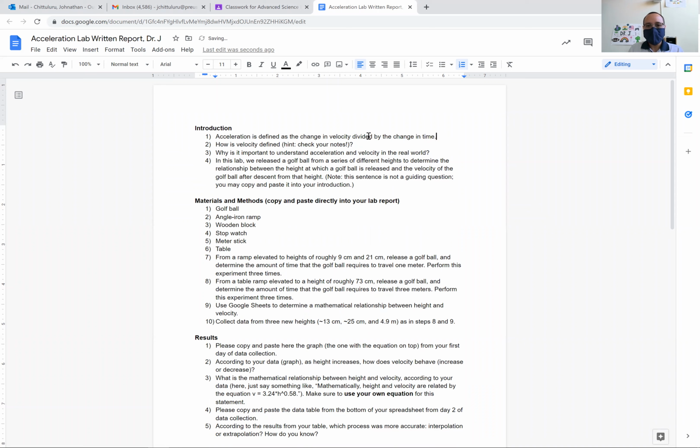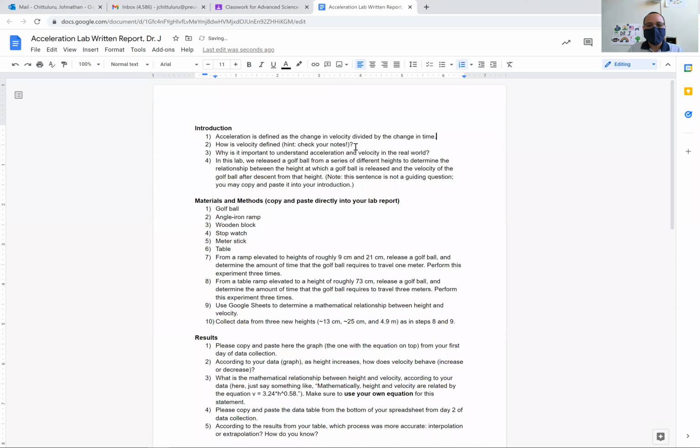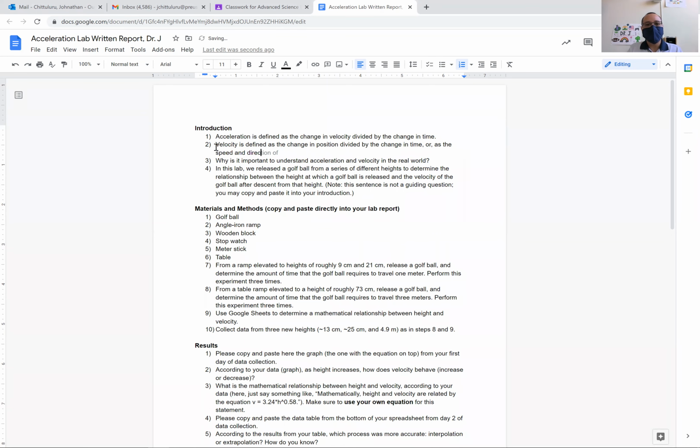And velocity is defined as the change in position over the change in time, or as the speed and direction of a moving object. You could go with either of those definitions and you'd be in good shape.